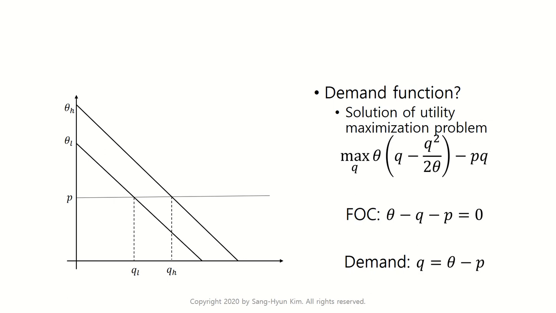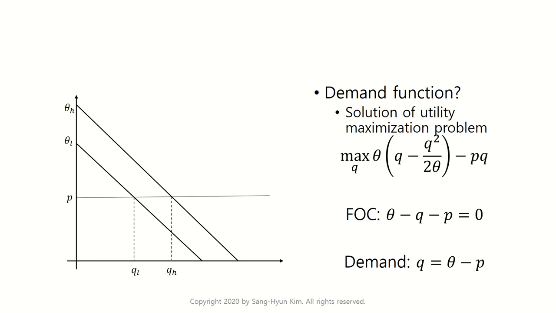If you move this Q to the right hand side, then we have the demand function. The quantity demanded for given price P is just theta minus P. So this is the demand.